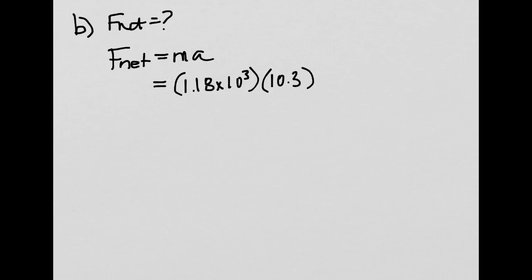Well, we're going to use our handy new equation, F net equals ma. You just found the acceleration, so we're going to plug in all of our information. And we're going to get, put negative in front of that, negative 1.22 times 10 to the power of 4 newtons.